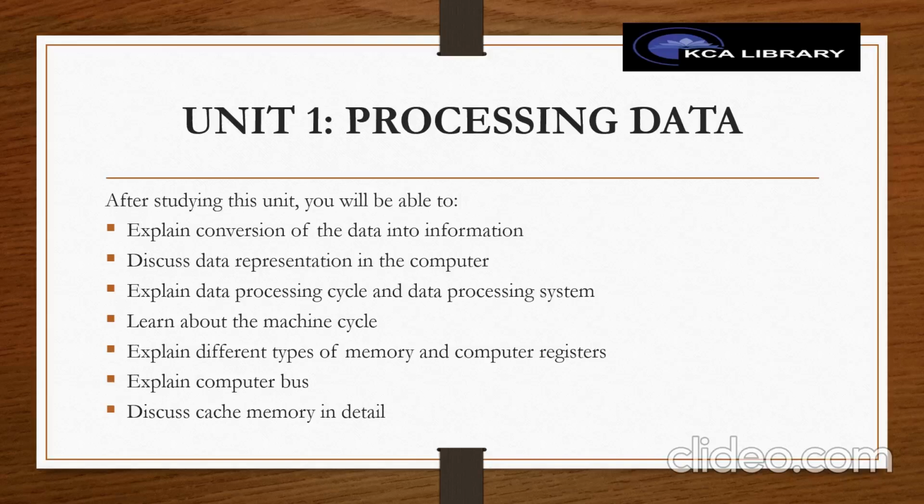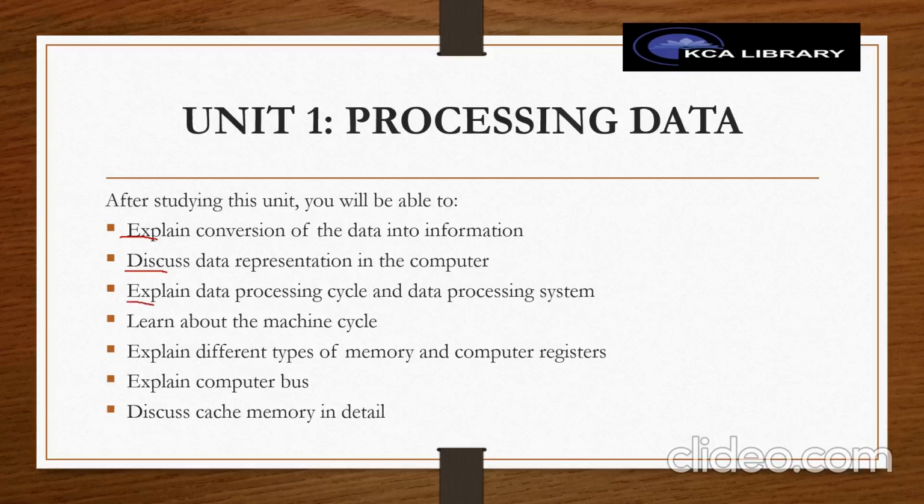So the first unit under this course is going to be data processing, where we are going to look at various ways how data is processed within the computer system. After this unit, you will be able to explain conversion of data into information. Then we'll discuss data representation in the computer.